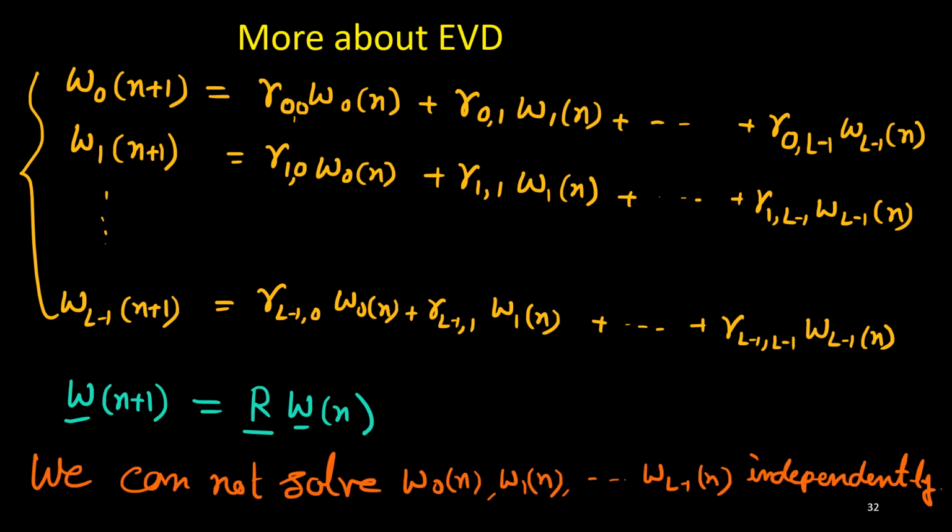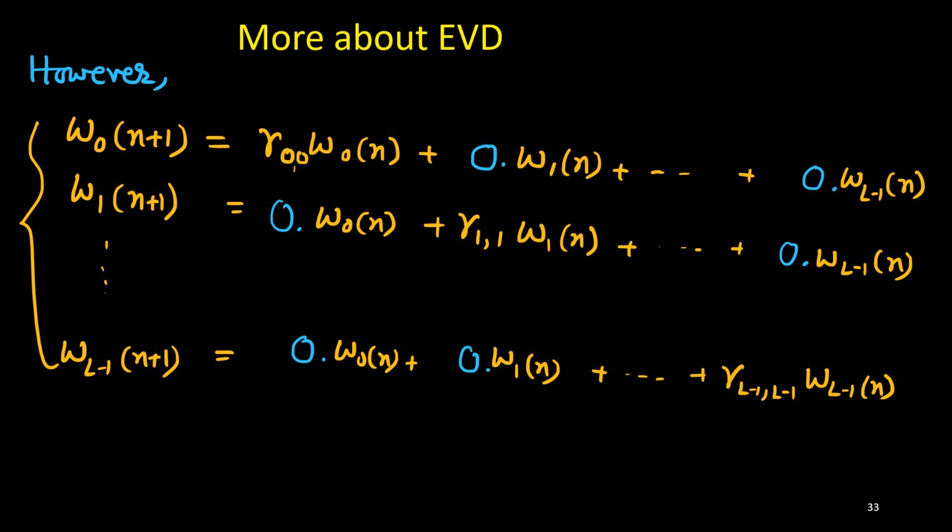But we can't solve W0 n, W1 n, W L minus 1 n independently from single equations. We need to consider all the equations simultaneously to solve this problem, right? But if W0 n plus 1 has a relation only with W0 n with some coefficient, and all other terms are 0, it is not depending on other variables.